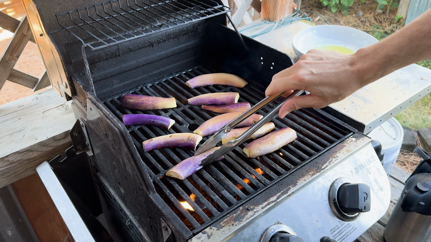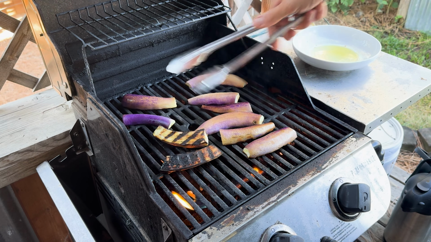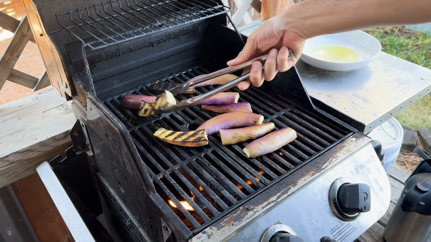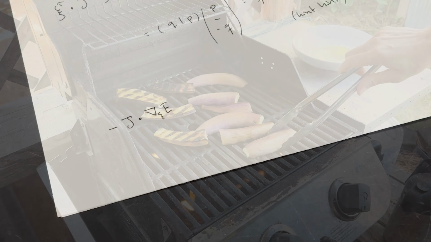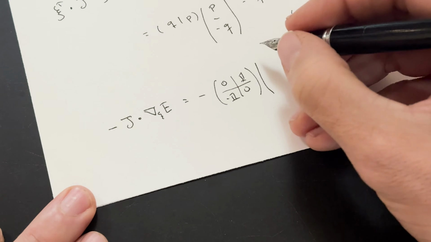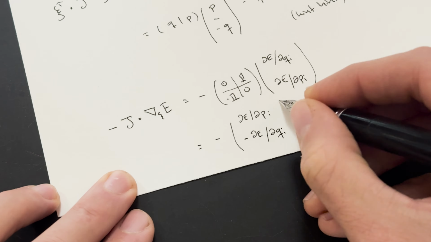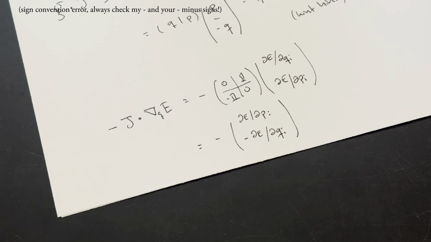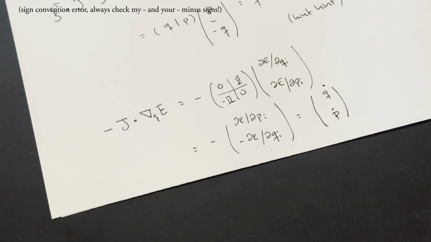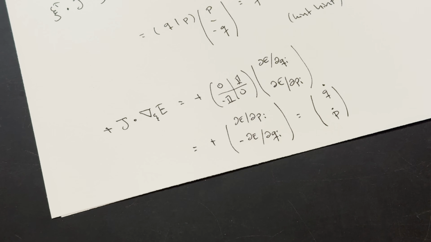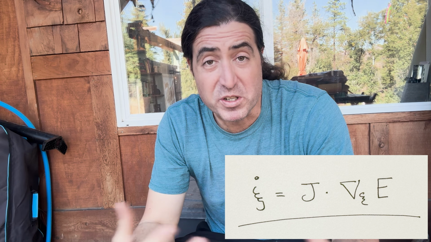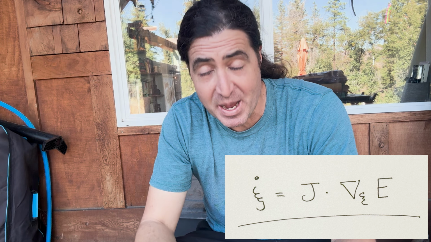In any case, we can take that matrix J and multiply it by our gradient of the energy function, and lo and behold, it gives us something back that looks a lot like the Hamilton equations stacked on top of each other. And so, armed with that, we have a more compact, more symmetric way to write the Hamilton equations down.